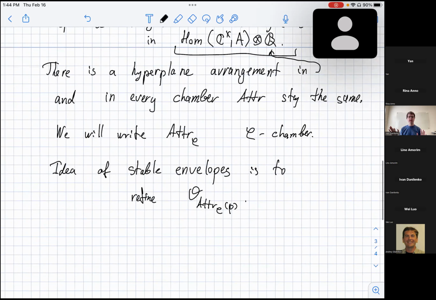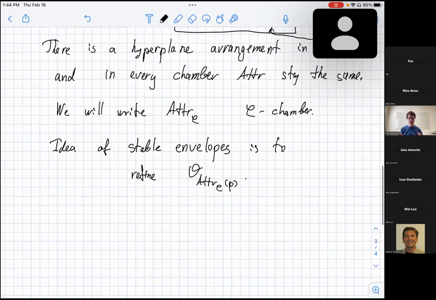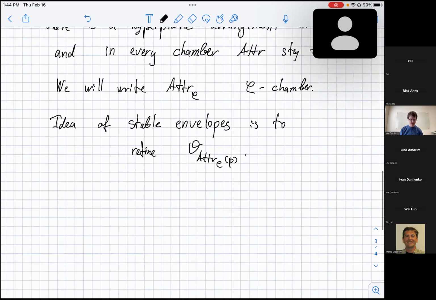It turns out that if I take the attractor or its closure and take its structure sheaf, it's not a good enough object for us. And I'll show in a second why.